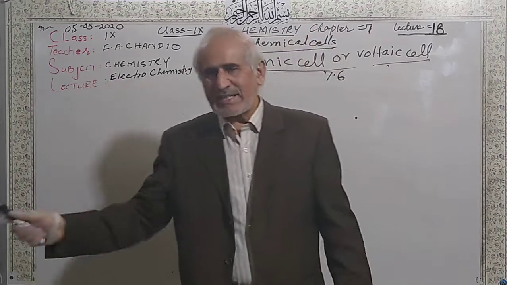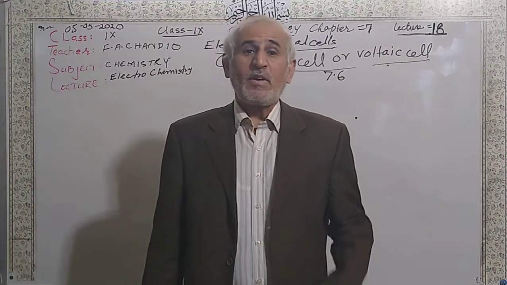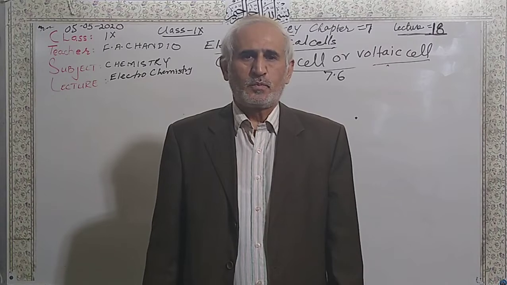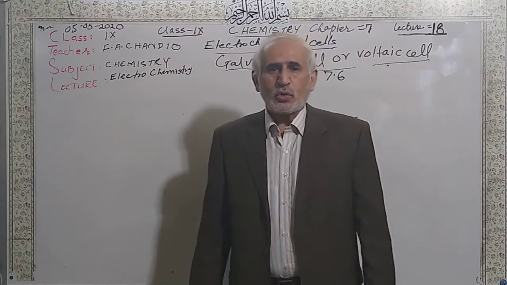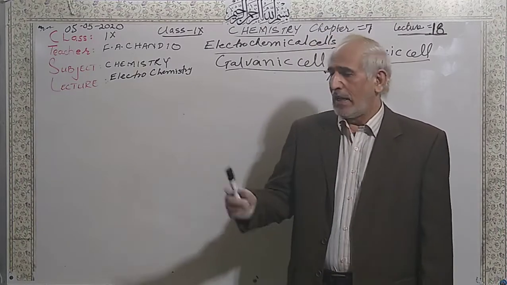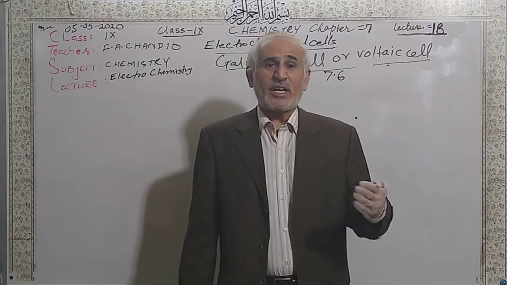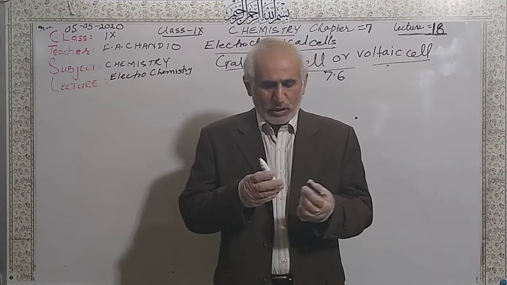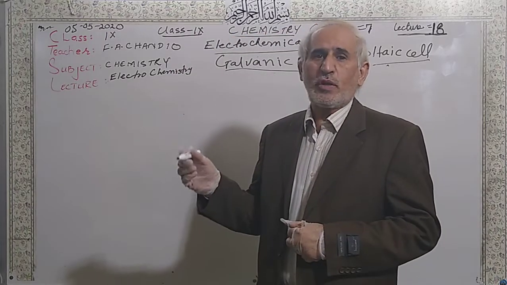So dear students, this self-assessment 7.6 will help you. If you understand it very well, this will help you to determine the electrode potential for the half cell. It has a special name. I'm going to write its name. Also you have to write the name in your book, you will forget.